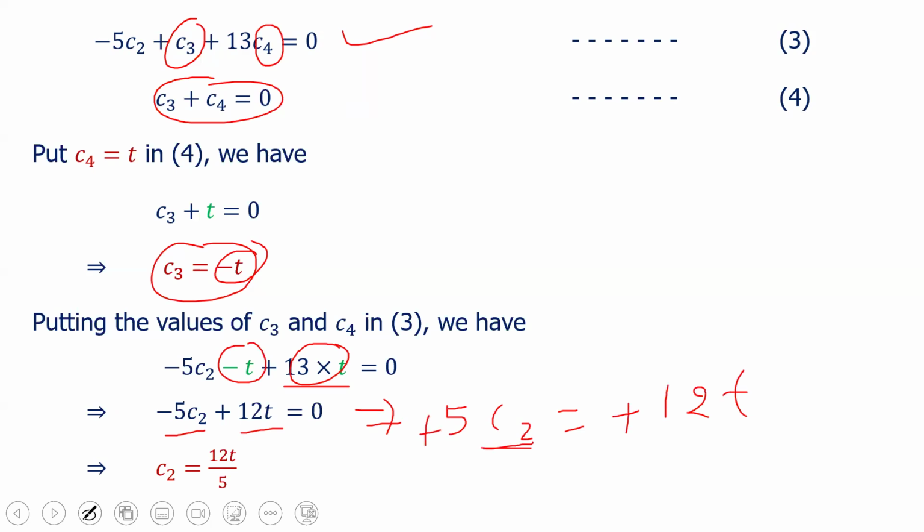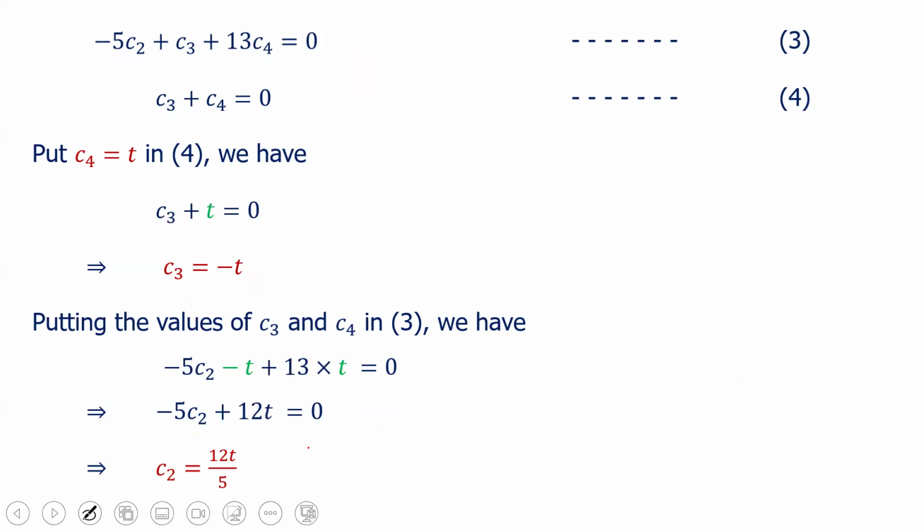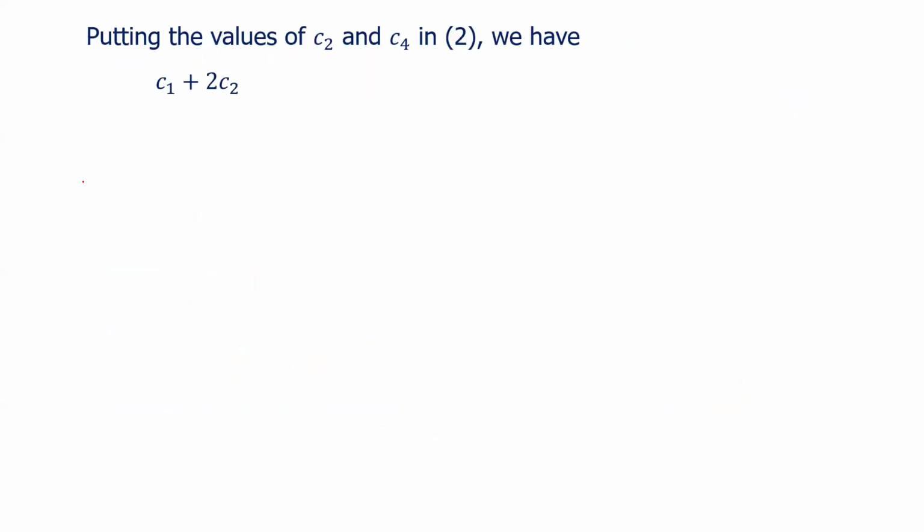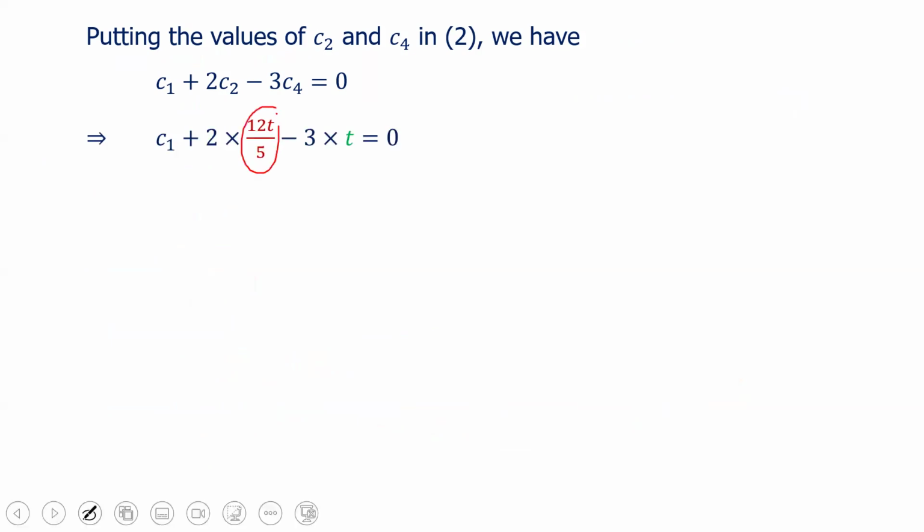Therefore, C2 is equal to 12T divided by 5. Now we substitute the values of C2, C3, and C4 in equation number 2. Equation number 2 is C1 plus 2C2 minus 3C4. Putting C2 as 12T by 5 and C4 as T, we get C1 plus 2 into 12T upon 5 minus 3 into T.